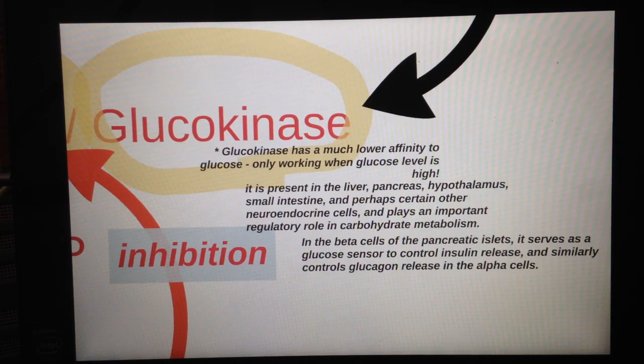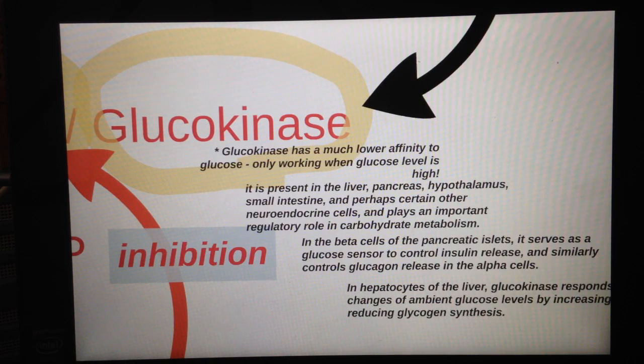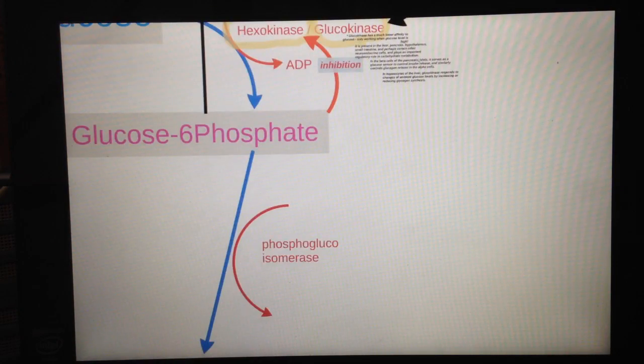Very smart little enzyme, this glucokinase. In hepatocytes of the liver, glucokinase responds to the changes of ambient glucose levels by increasing and reducing glycogen synthesis. So it serves a very special role in the liver because it's responsive to the glucose levels.